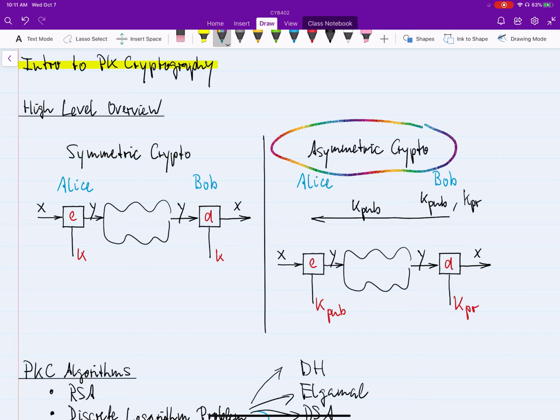So with asymmetric crypto systems, what you have to do is you have to first generate a pair of keys. And the pair of keys we call a public key and a private key, which basically reflects the role that these two have. One key is published, and one key is being kept private and secret.